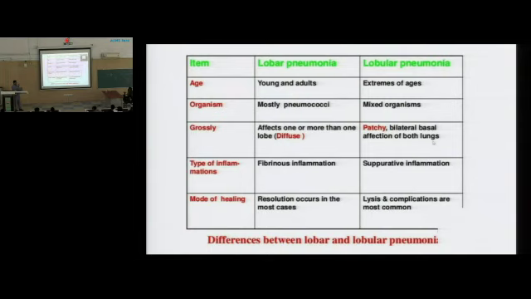In lobular there will be patchy consolidation, patchy involvement of the lung. The typical inflammation is fibrinous in lobar, while in lobular pneumonia it is suppurative. Mode of healing: usually in lobar pneumonia resolution occurs in most cases, while in lobular pneumonia there will be lysis, and complications are more common. They are badly infected patients. Lobular pneumonia is the worse condition.